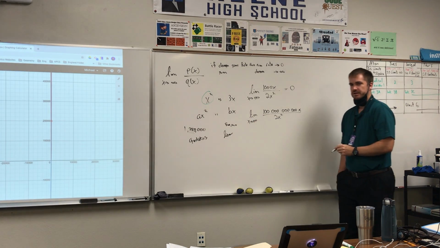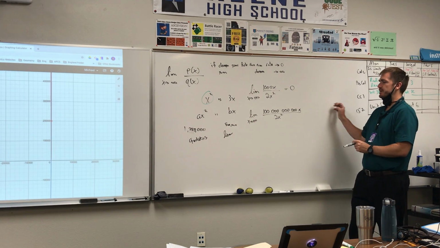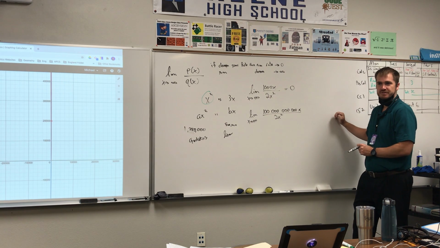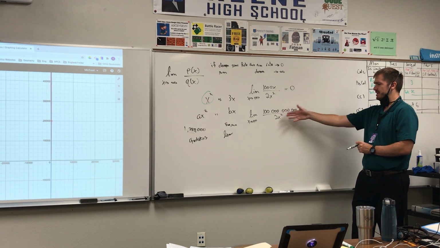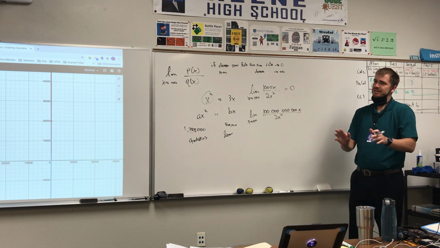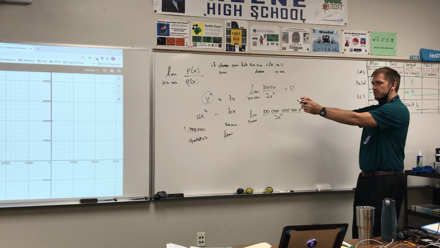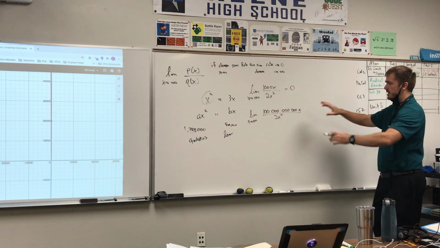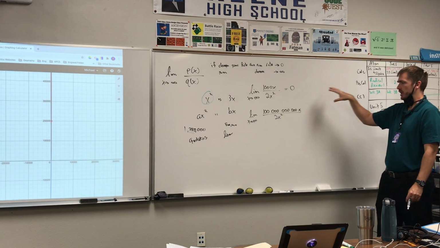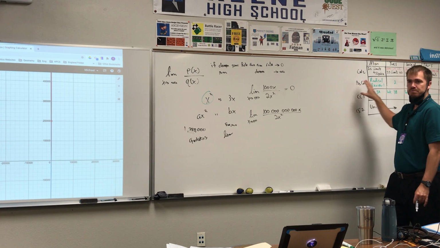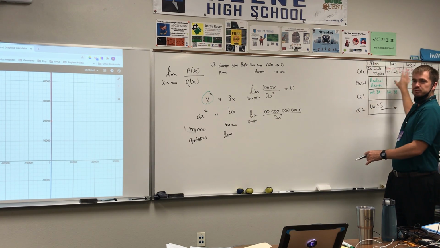Who's going to win? Who's going to get bigger as x approaches infinity? The quadratic. You're like, oh my gosh, that's a billion, and this is just multiplied by 2. Doesn't matter. Because think of it, we're going out farther and farther along that x-axis. Eventually we're going to hit 100 billion, 200 billion, 500 trillion.